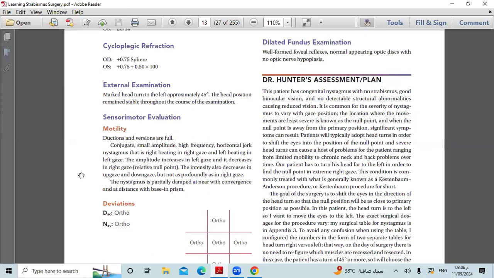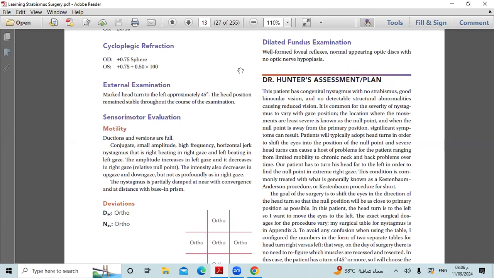The frequency here is sometimes specific to specific types of nystagmus. You should also mention if it's uniplanar or multiplanar, and if it's horizontal, vertical, seesaw, a lot of things. Also you should mention the null point, if there is one; sometimes you cannot find a null point.